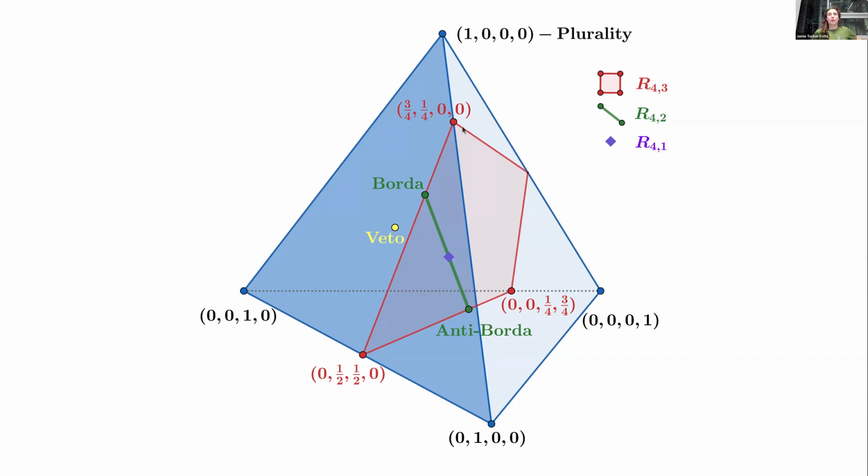Then we have what you can do with queries of size 3. That's this subspace here. It's just this plane. It looks like a kite because it's projected into a tetrahedron, but think of it as a two-dimensional subspace. You can't compute plurality. That's not in this subspace with queries of size 3 when there are 4 candidates.